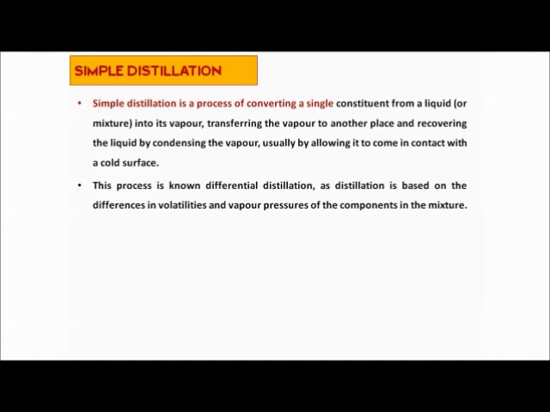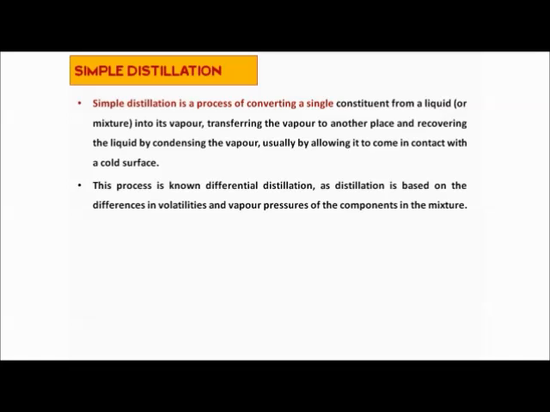Why? Because distillation is based on the differences in the volatilities and vapor pressures of the components in the mixture. As I already told you, suppose in water there is the presence of some other component. That other component must have a different boiling point.